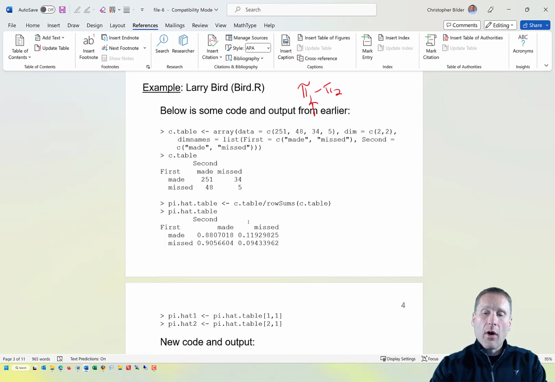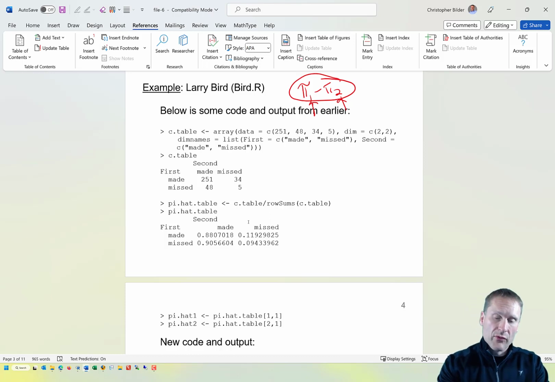We have one for the first free throw was made, and we have one for the first free throw was missed. We want to know, in the end, whether it matters what happens on that first attempt relative to what happens on the second attempt. So we are going to be interested in doing a confidence interval for pi1 minus pi2 in this particular situation.